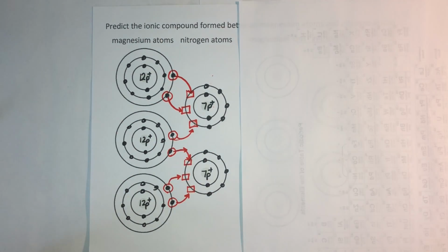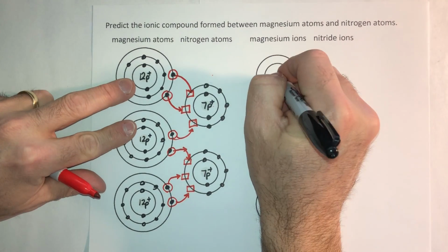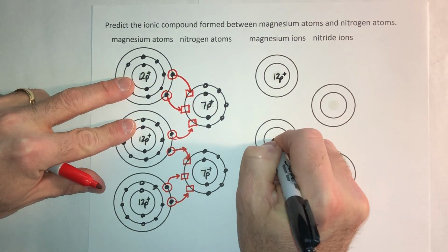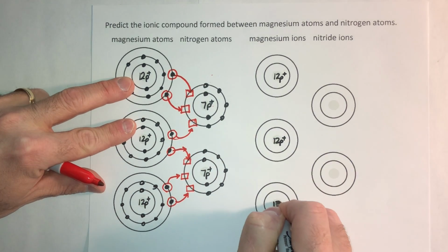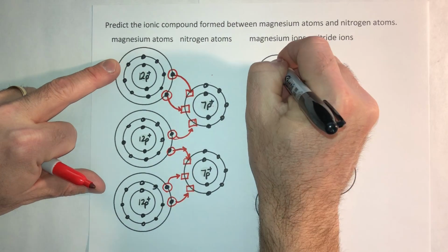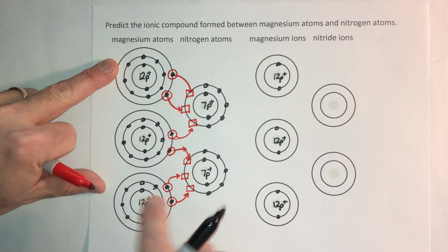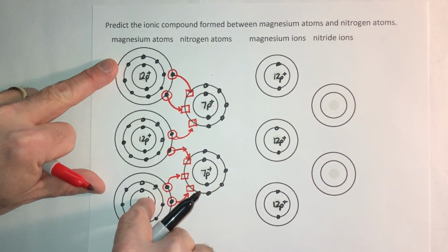Now, let's summarize what we've done. So if I redraw my magnesiums, they all have 12 protons. They all have 2 electrons in the first ring. And they all have 8 electrons in the second ring.